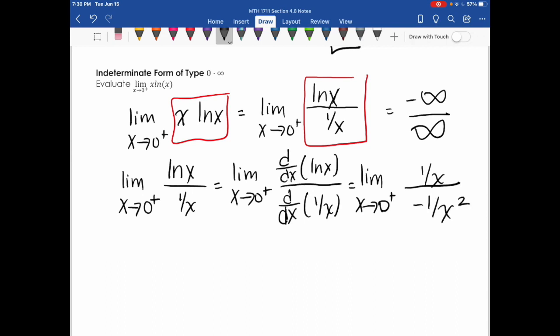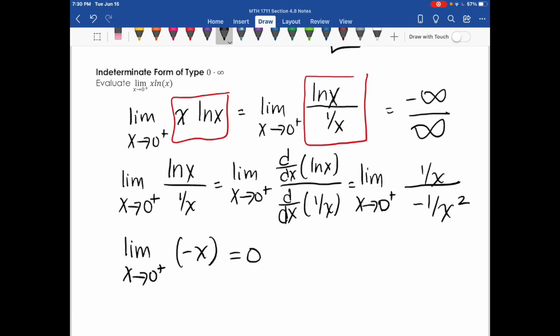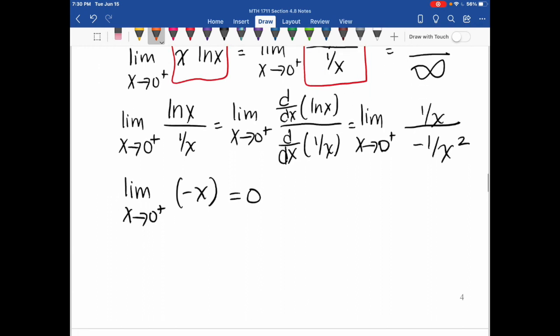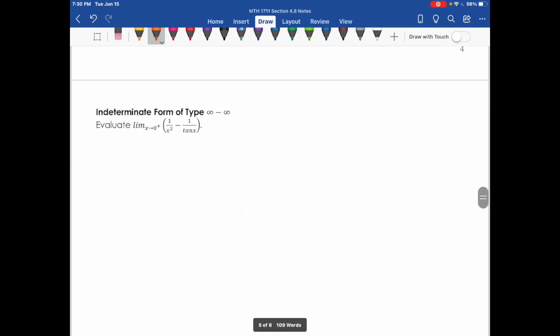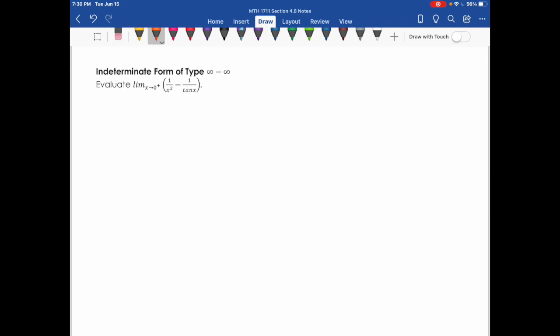And then when I take the derivative of 1 over x, I'm going to get negative 1 over x squared. Now, when I simplify that, I'm going to get negative x. And now I can use direct substitution and see that I get 0. So just by using this trick to rewrite this expression, I turned it into a way that I can use L'Hopital.